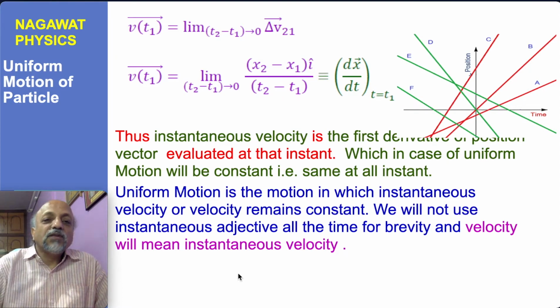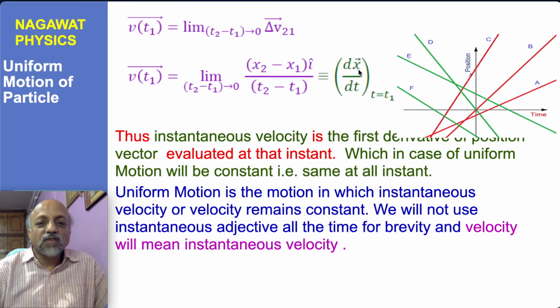And once you know differential calculus, you know that this would be written as dx by dt at t equals t1. This is not a ratio, this is a single symbol. It would be called the differentiation of x with respect to time, or to be more accurate, the first derivative of position with respect to time, or the first differential coefficient of position with respect to time. But this is one symbol.